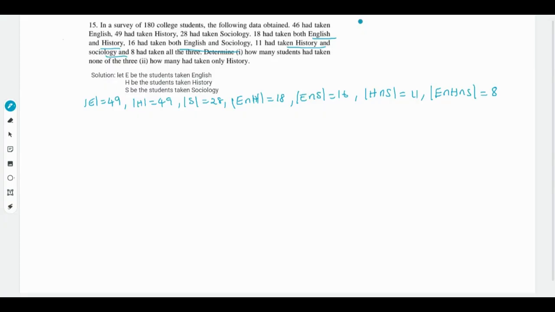So now they're asking you to find the first one: how many students take none of these?